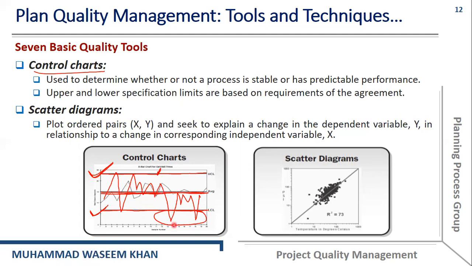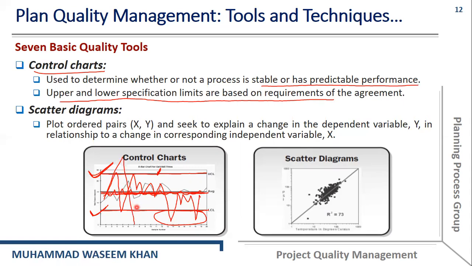But if the output points cross the upper or lower control limit, that means that the process is not within our control, and we need to move it into an area where we can control the process.